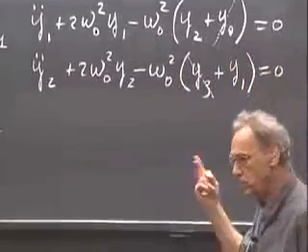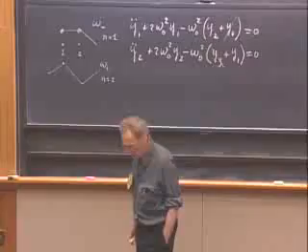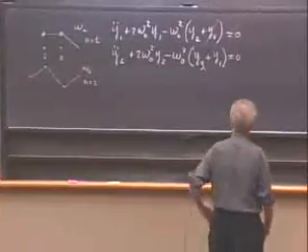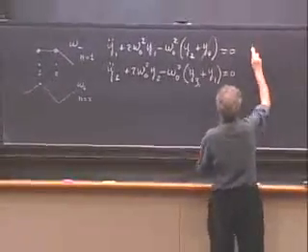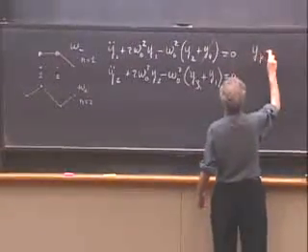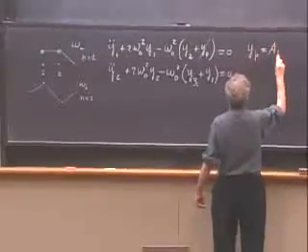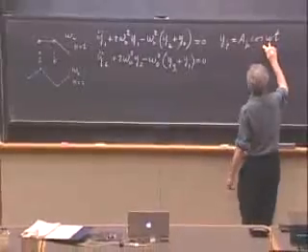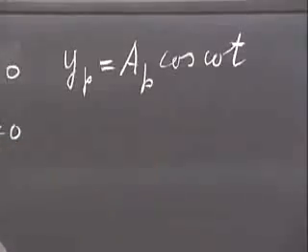So these 2 coupled oscillators will have to be solved. And in the normal mode situation, we are clearly going to put this in as our trial function, cosine omega t. They must oscillate with the same frequency omega, otherwise we wouldn't be dealing with normal modes.